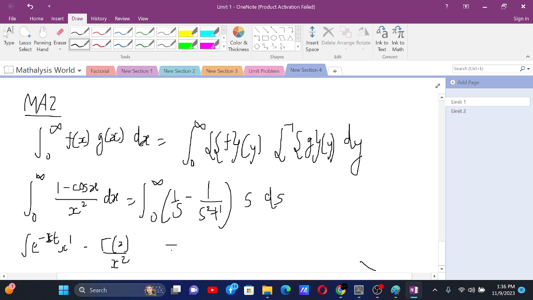And now this one, the integral from 0 to infinity.